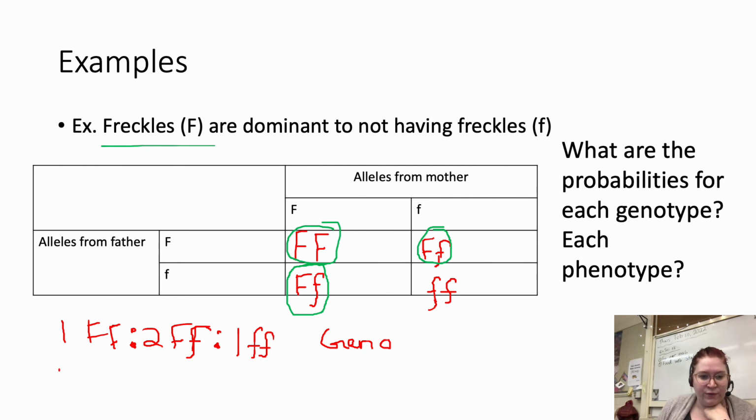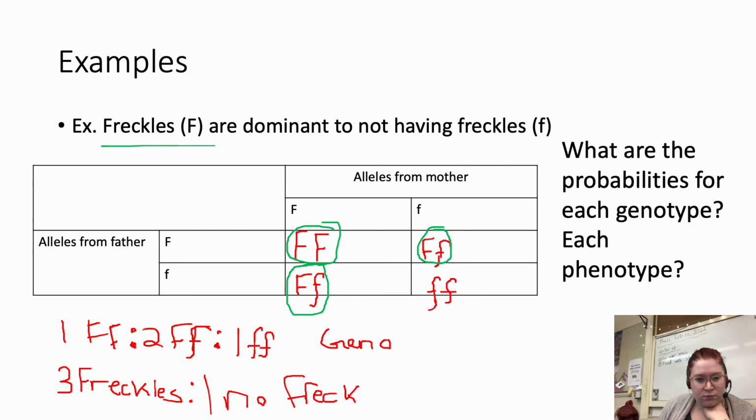So we have 3 freckles, 1 no freckles. That's our phenotype ratio.